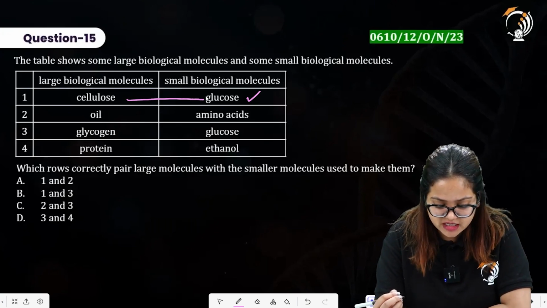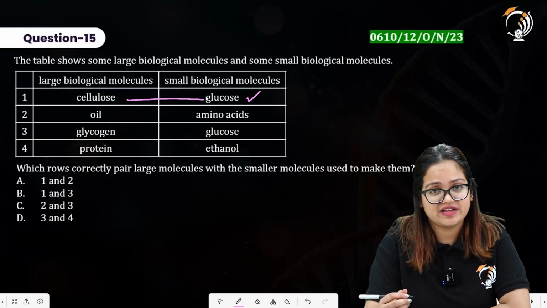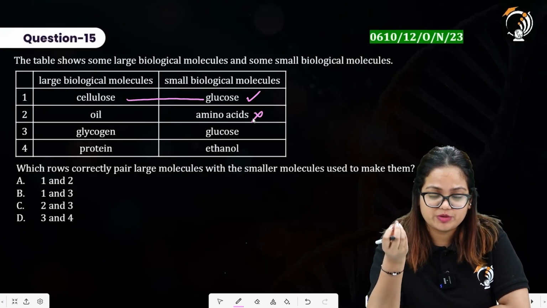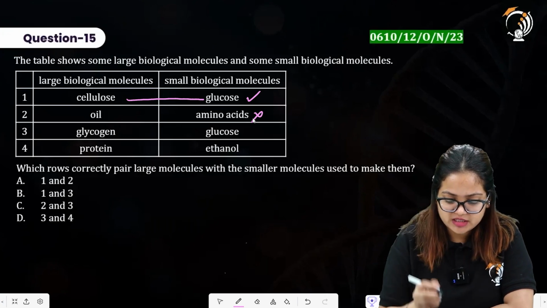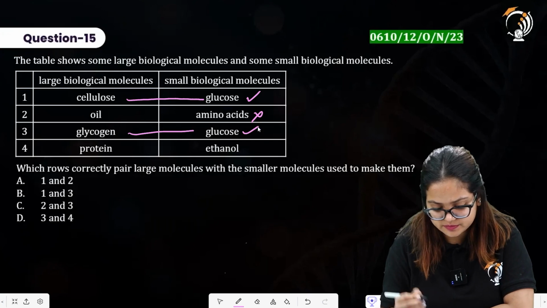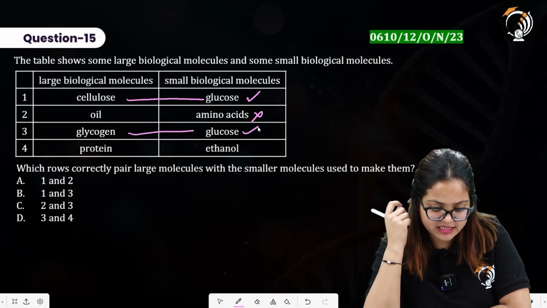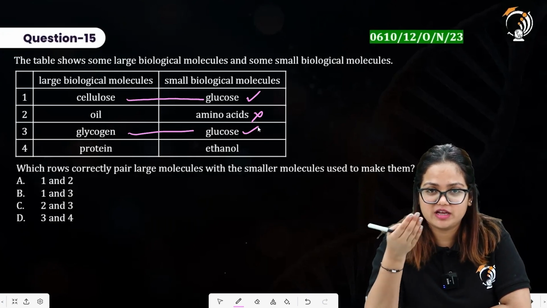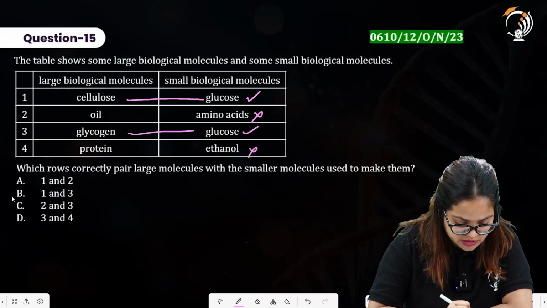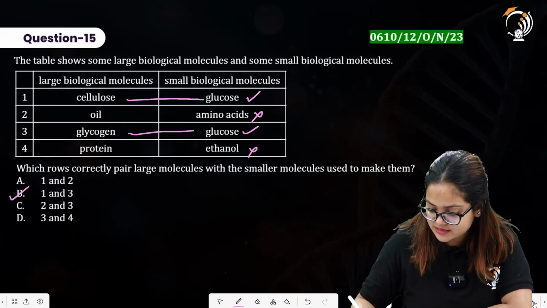So oil has the small biological molecules as fatty acid and glycerol. Amino acid is incorrect. It is used to form the protein. Glycogen is having the small biological molecules as glucose. This is correct. Then we have protein that has amino acid as the small biological molecules and not ethanol. This is incorrect. First and third. Option B here is the right answer.